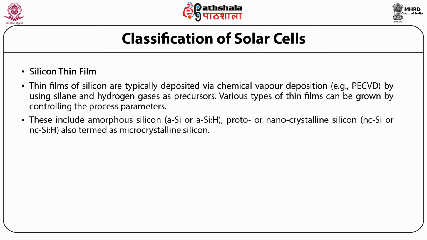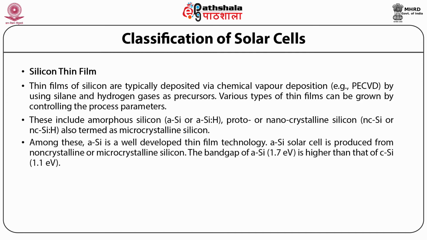These include amorphous silicon, that is a-Si or a-Si:H, and protocrystalline or nanocrystalline silicon, also termed microcrystalline silicon. Among these, a-Si is a well-developed thin film technology. An a-Si solar cell is produced from non-crystalline or microcrystalline silicon.